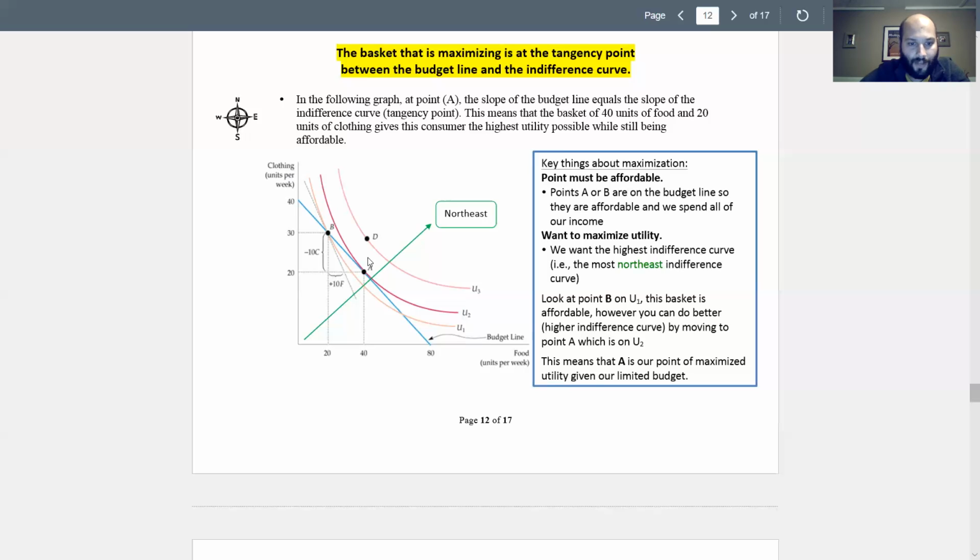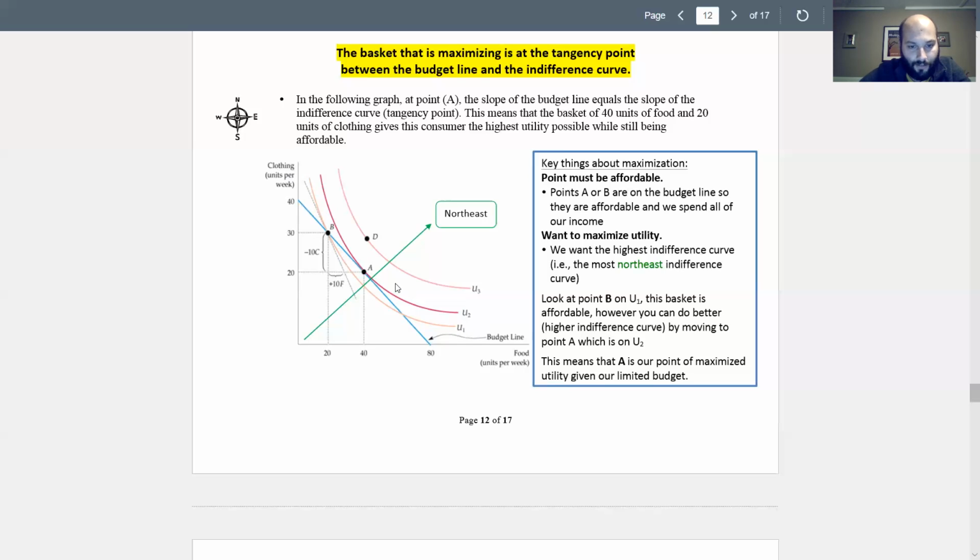Why is that tangency condition optimal? Well, consider this point over here. This is another affordable point on our budget constraint, but it's clear that this is going to be on a lower indifference curve. It's on U1.